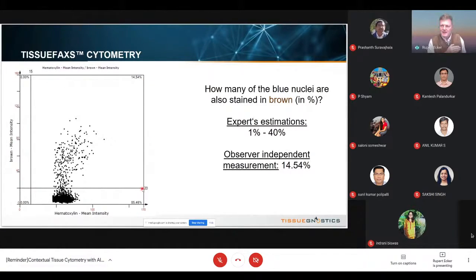Obviously, this number or this percentage depends on where you set the cutoff. So theoretically, you can generate any number that you want, but the question is, how do you have to set the cutoff? Well, there is a scientifically well-established method, also used in flow cytometry, and this is called the isotype matched negative control.